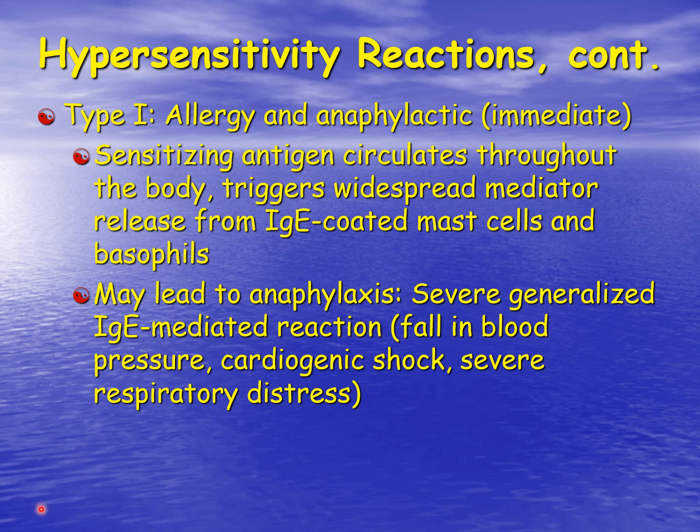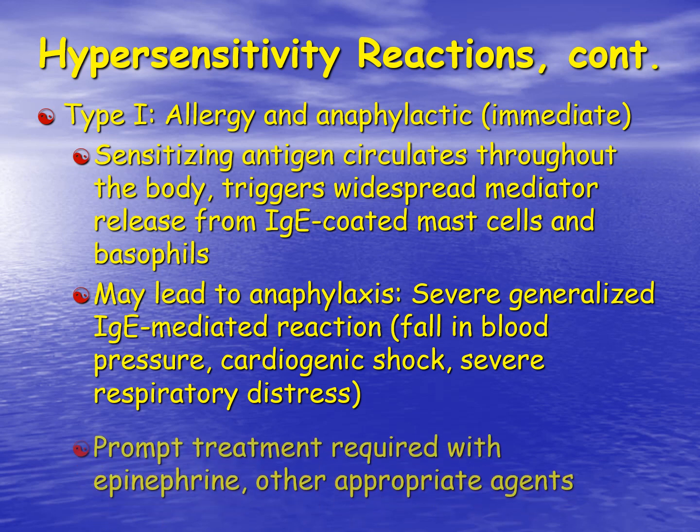Because so many mast cells undergo degranulation so quickly, what we will find is that we get an extreme histamine release, and this will cause a severe fall in blood pressure, lead to cardiogenic shock, severe respiratory distress, and eventually could lead to death in anaphylaxis.